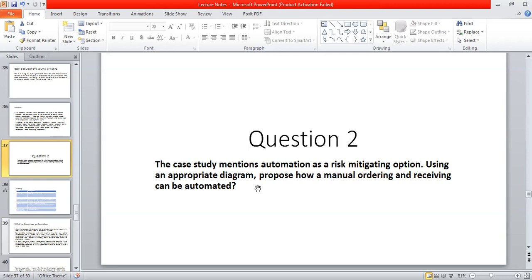So the question is saying automation can be used to mitigate all these different types of risks in the cycle, and it requires us to propose how a manual process can be automated.